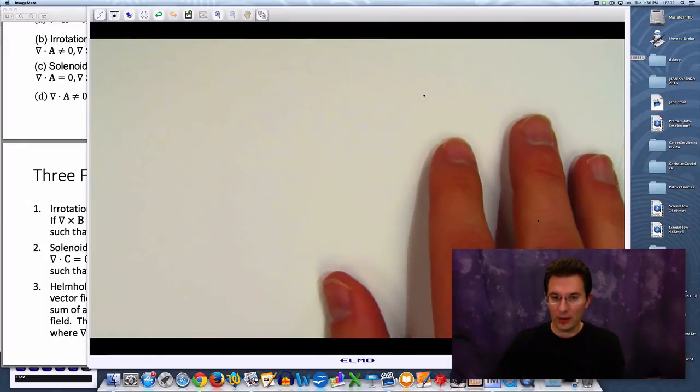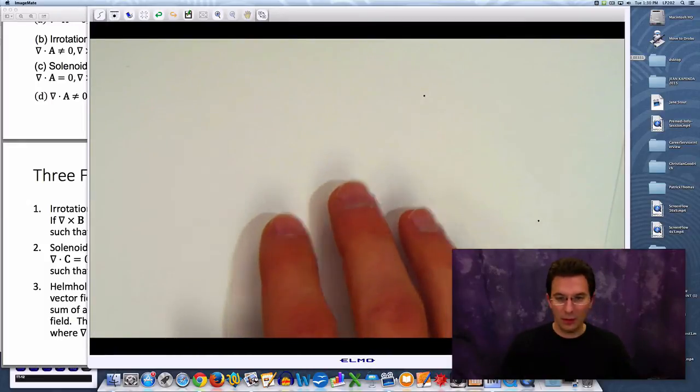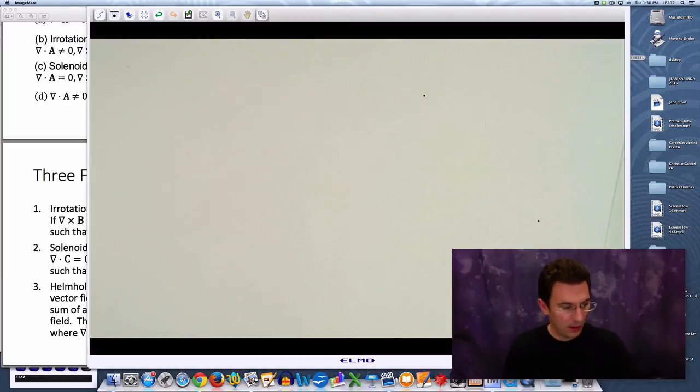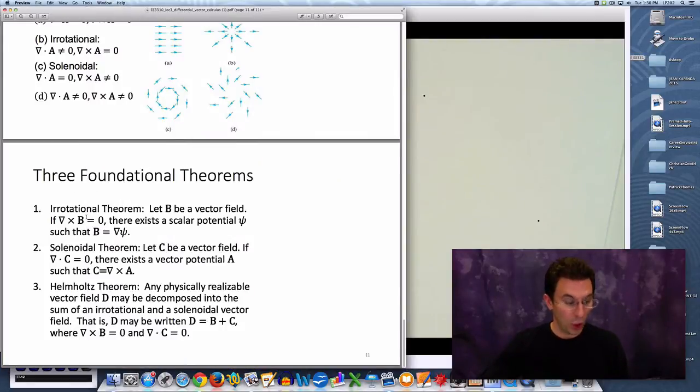Okay, I'm going to switch to the overhead momentarily here, and we'll talk about what it means to have a field that has, in this case, no curl. Okay, the curl is 0. In other words, irrotational.